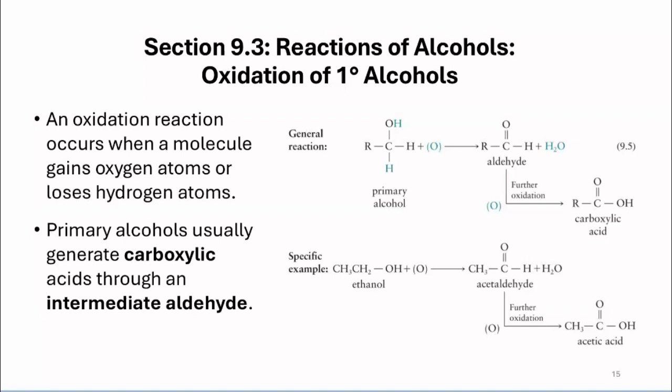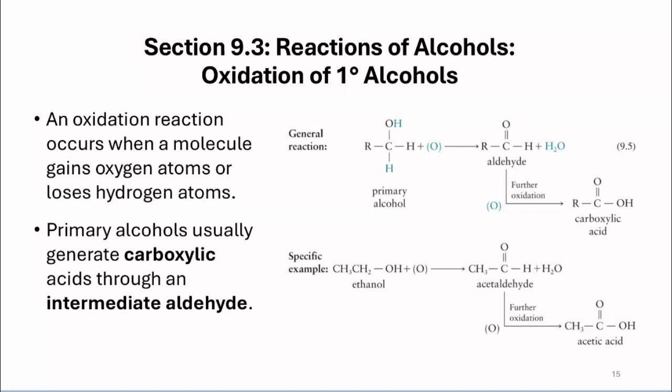Now, how do I know that my primary alcohol will yield only an aldehyde or it will yield a carboxylic acid? It depends on the type of oxidant reagent that we utilized.